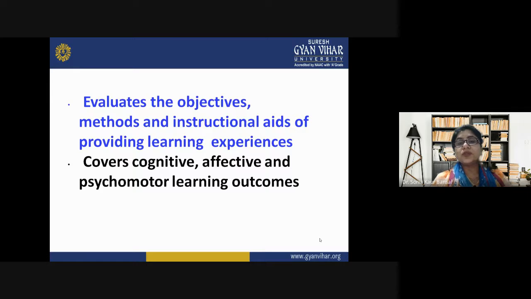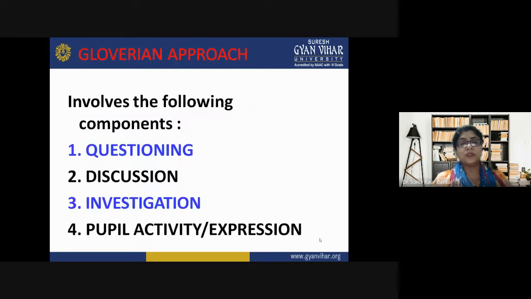Whatever you are doing in action is related to the psychomotor learning outcome. When you teach any content to your students, you must keep these three domains, cognitive, affective, and psychomotor, mandatorily in your mind as a teacher, so that students learn something and you expect some behavioral changes among them.